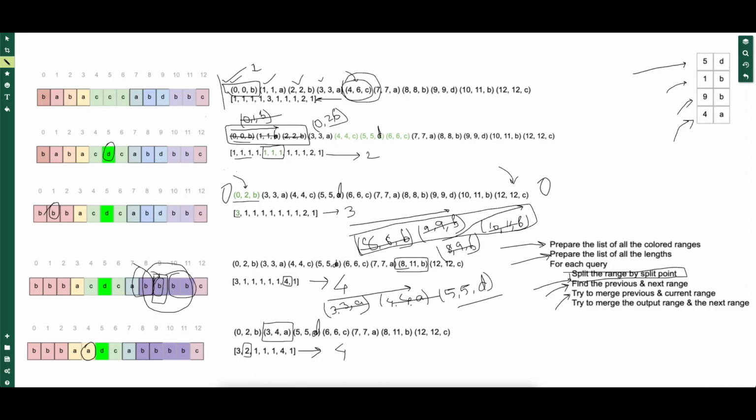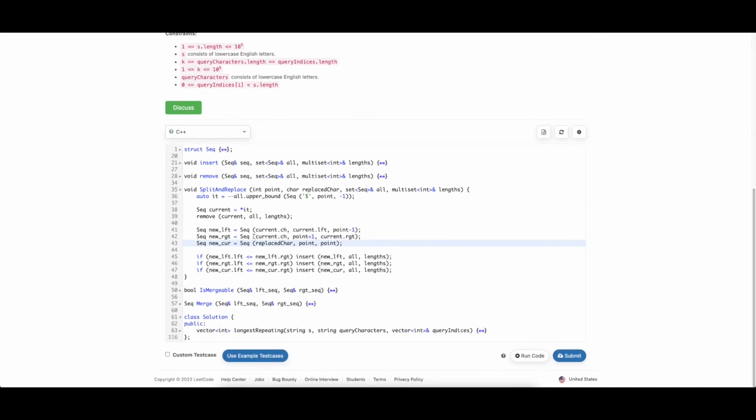So that's what we have done. We have current dot left to split point minus 1 as the left part. From split point plus 1 to current dot right is the right part. And from split point to split point is one single part, which is the new current. And then I am inserting all of them into all and lengths.